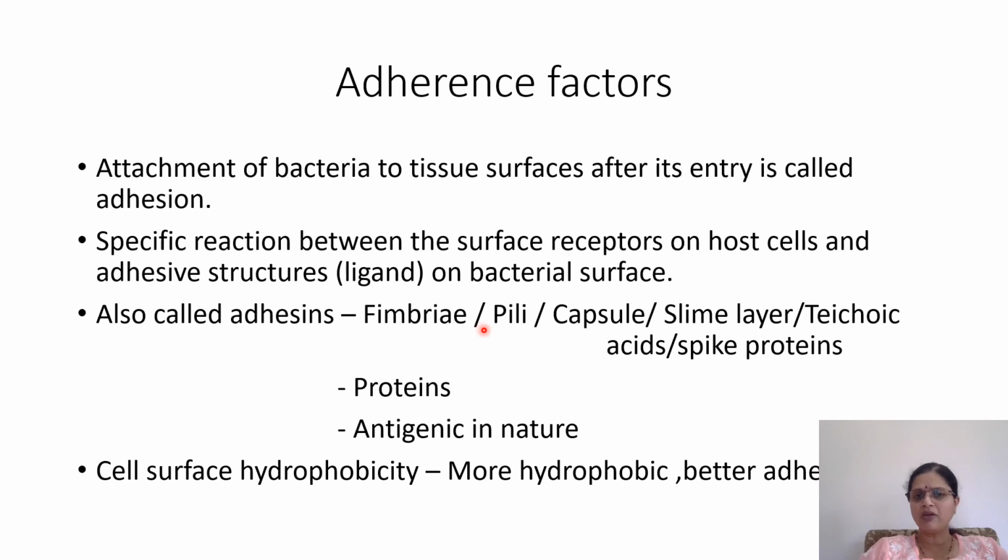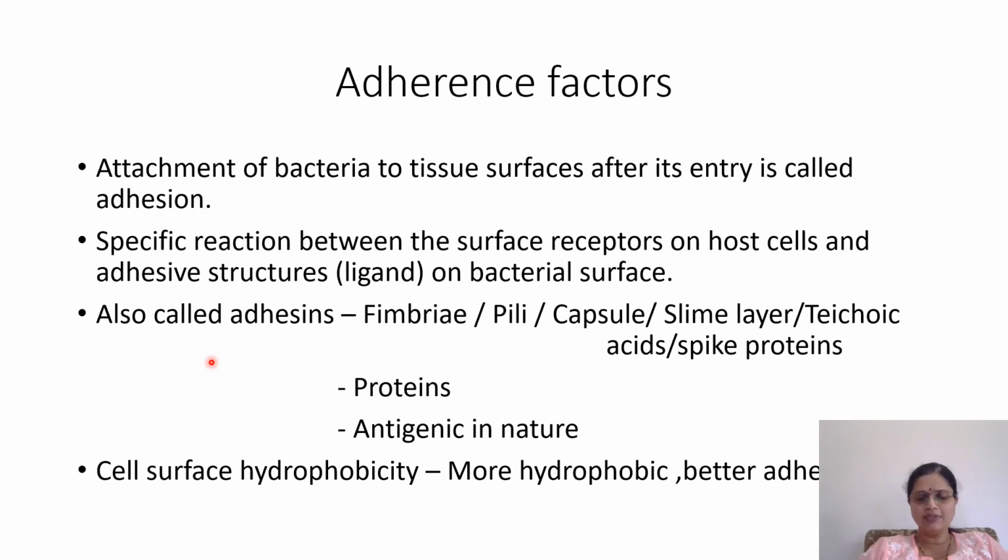Antibodies against fimbriae or pili or capsule or spike proteins will be produced inside the host, and these antibodies will be very specific to these adhesins. Such structures which stimulate antibody production in the body are called antigens. So all these adhesins are usually antigenic in nature. That means when they enter our body, it is going to produce antibodies against them.